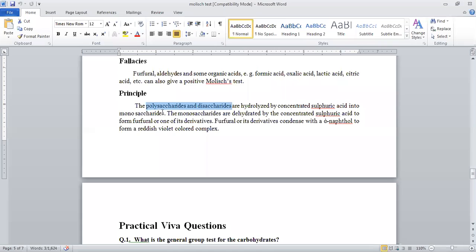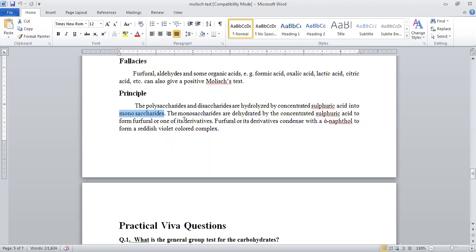The polysaccharides and disaccharides are hydrolyzed, and this hydrolysis is done by the concentrated sulfuric acid which we added in the test tube. After hydrolysis, these polysaccharides and disaccharides are converted into monosaccharides.